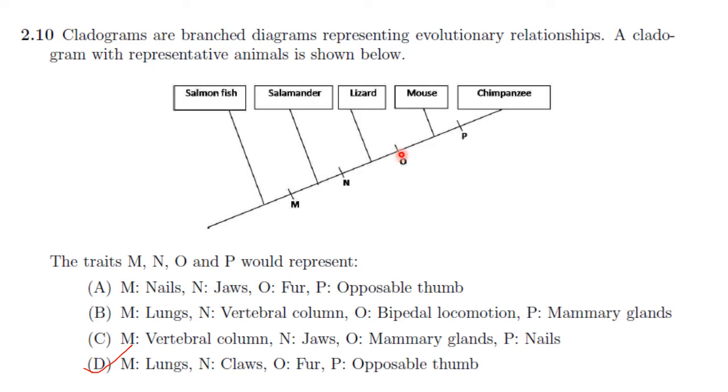But after the point O, mouse and chimpanzees developed fur. And P is the opposable thumb. An opposable thumb is present only in chimpanzees, whereas salmon fish, salamander, lizard and mouse don't have an opposable thumb. So the answer is option D: M, lungs; N, claws; O, fur; P, opposable thumb.